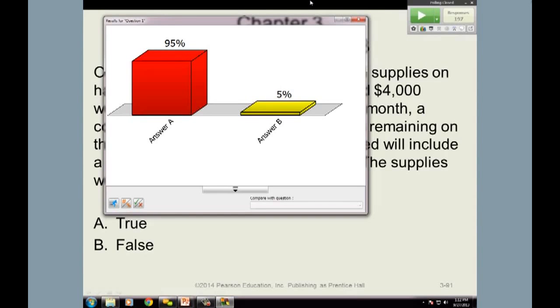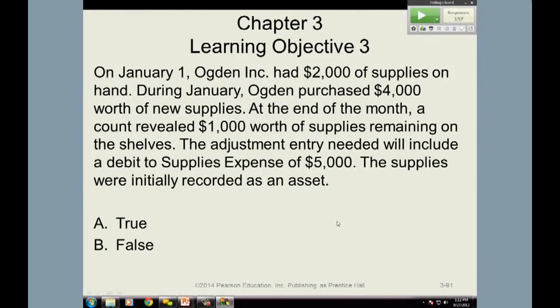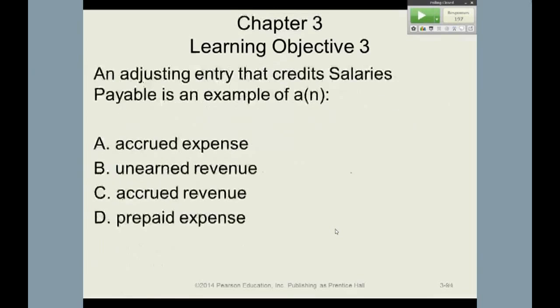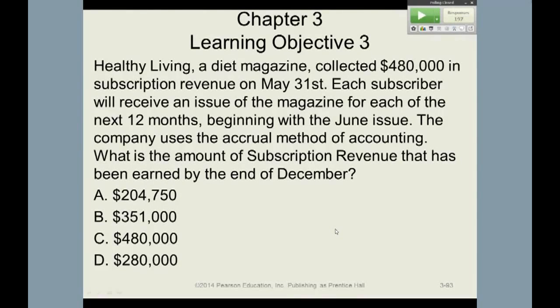Okay. All right. Just want to do one more. All right, so this one, going to do one more, then we're going to move on. We have a company, it's a magazine company selling subscriptions in advance.